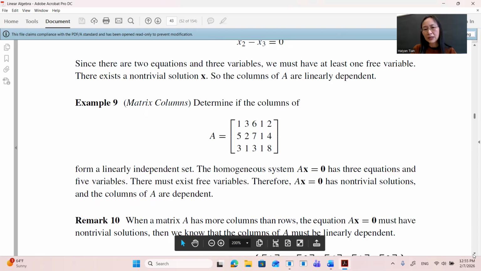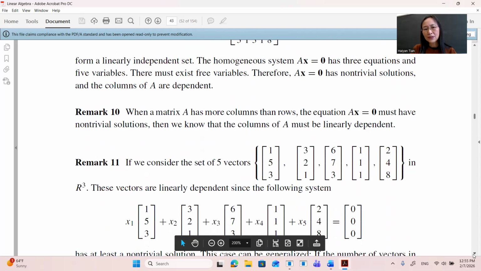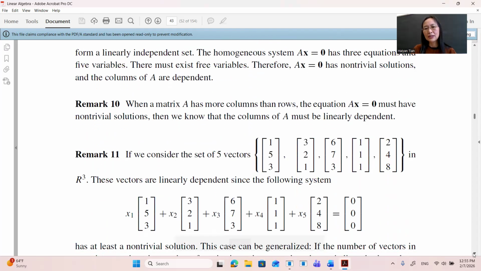Here we want to see a very important thing. In this matrix, we notice 5 columns. And when we study this, we have 3 equations only.